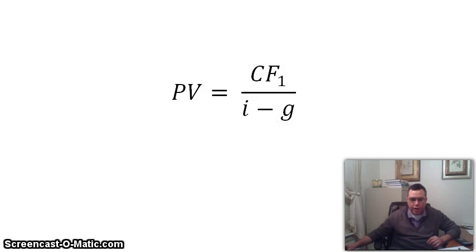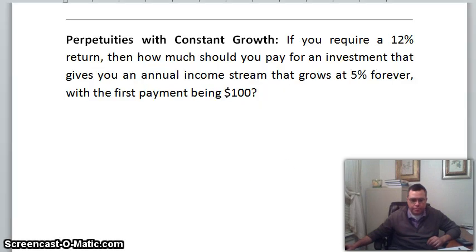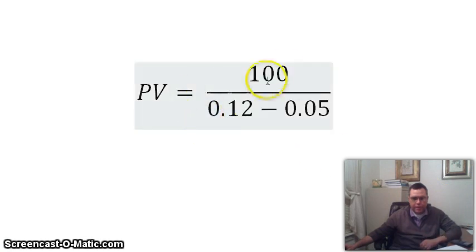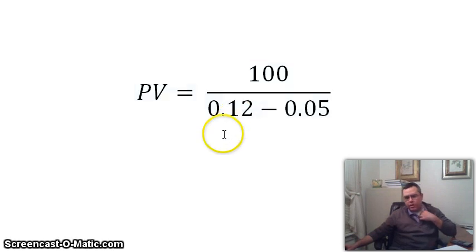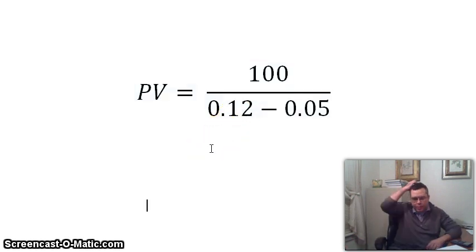So if we go back to the problem and look these numbers up, it says our first payment will be $100, so that's CF1. That's cash flow in one period in the future. It says our required return I is 12% and our growth rate is 5%. So if I plug all that in, I get 100, which is cash flow at year 1, over 12%. When you run an equation and you're not putting it in your gray buttons in your calculator, you have to use them as decimals.